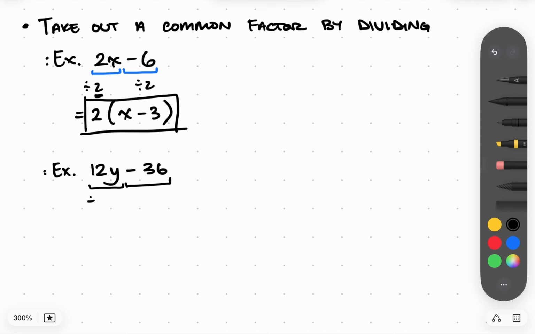And so I'm going to divide both by 12. So then, I forgot, I need to put down the 12 first. And then 12y divided by 12 is y. Negative 36 divided by 12 is negative 3. And that is my answer.